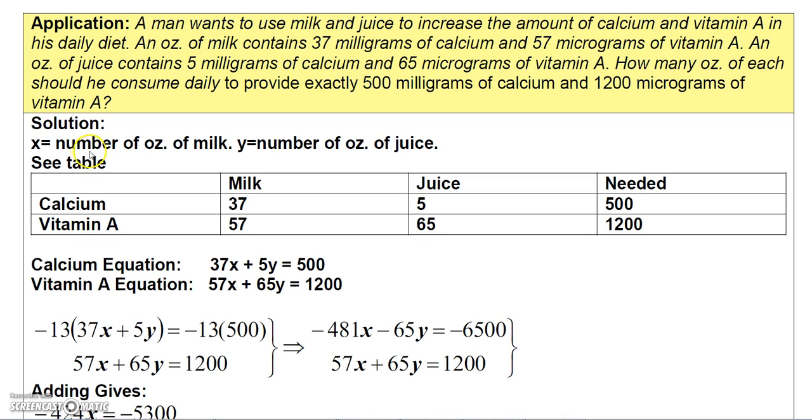Well, let x be the number of ounces of milk, and let y be the number of ounces of juice, because it says how many ounces of each, so we can let those be the variables.